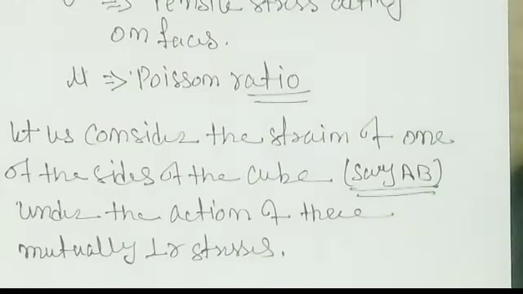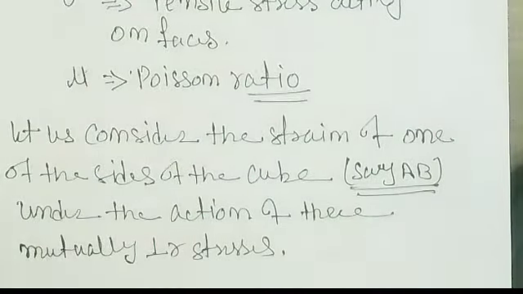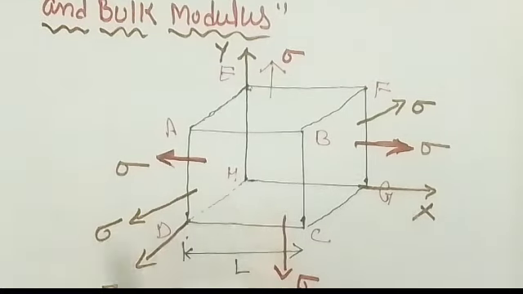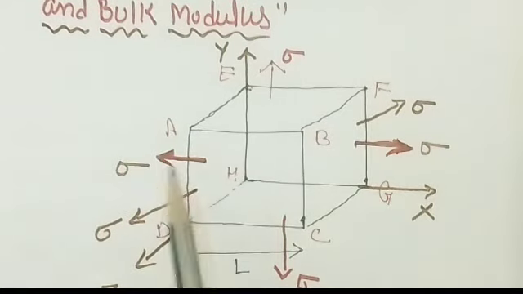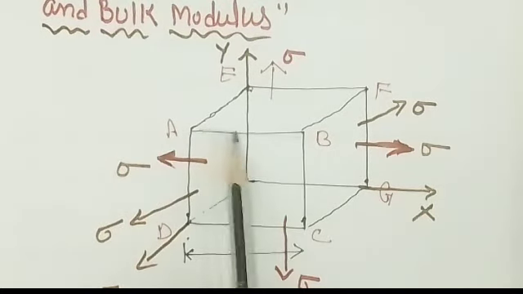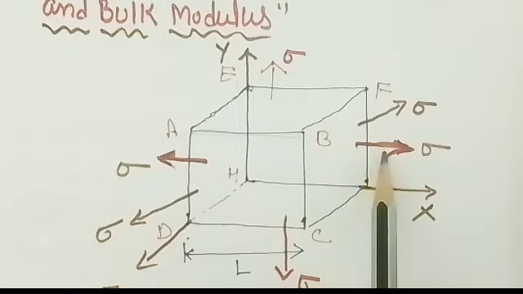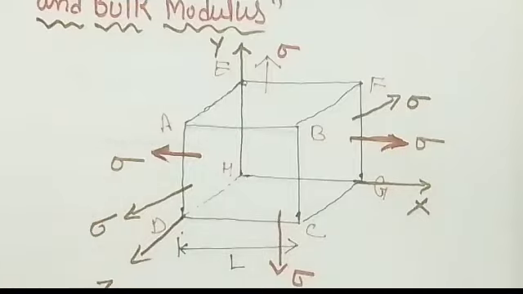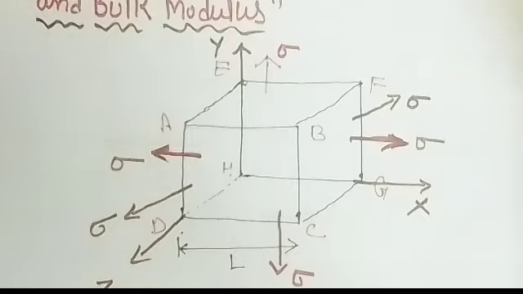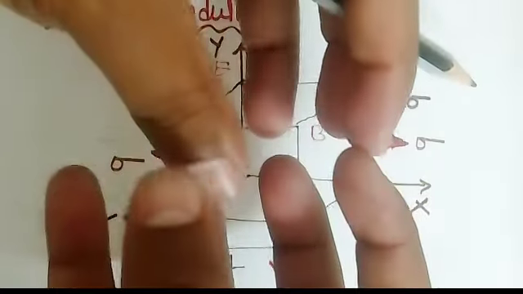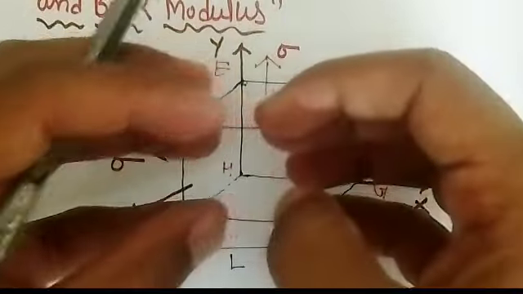Now if I show you the figure again, this face we have taken into consideration, this is our face AB, and on this face AB the tensile stress sigma is acting. When the tensile stress acts on AB, along AB the length will increase, but along the y-axis it will decrease, and along the z-axis also it will decrease.